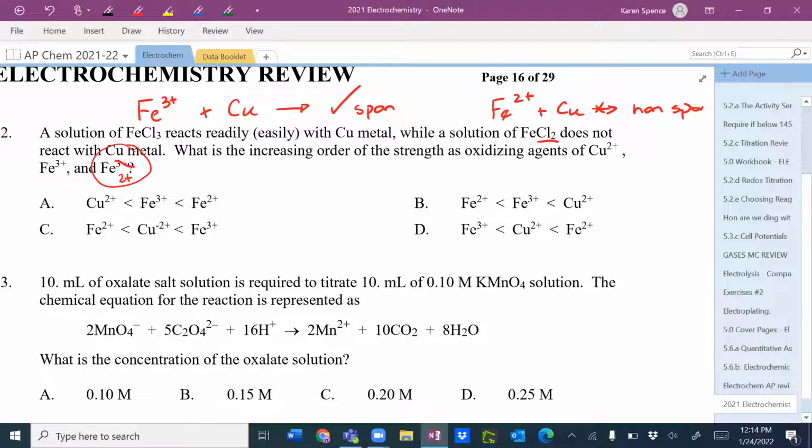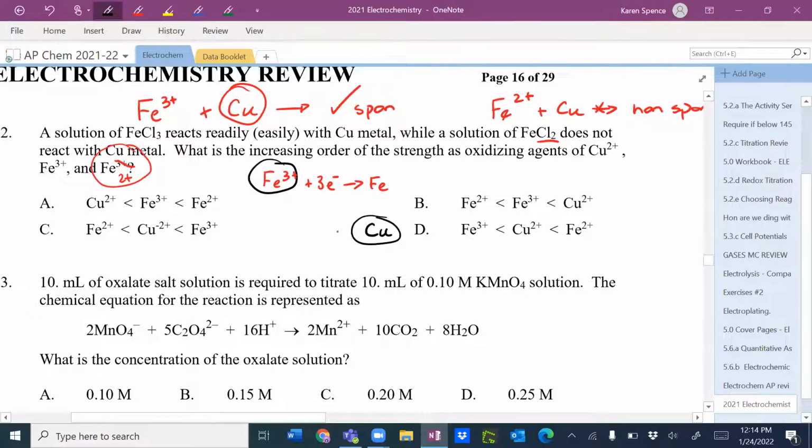So we would take a look and we would say, I have Fe3+ plus 3 electrons. I'm just going to make my own little chart. If that's going to be spontaneous with copper, that means copper has to be down below. Which means that Cu2+ plus 2 electrons is like that.